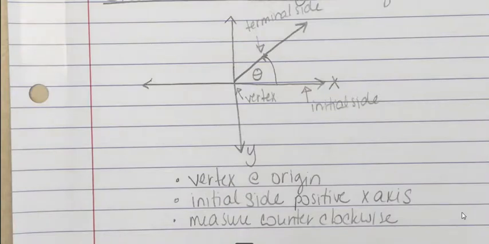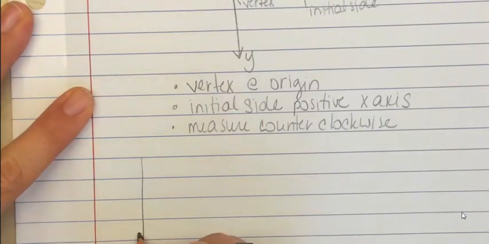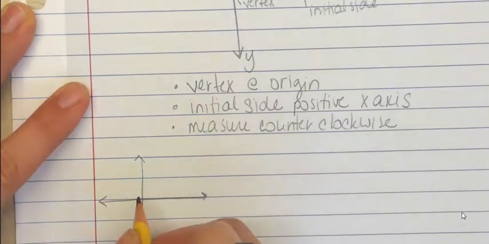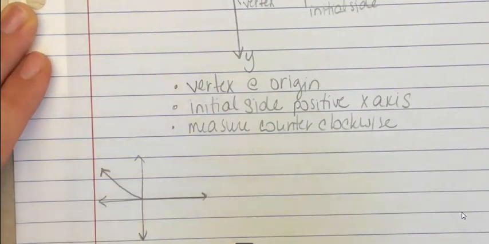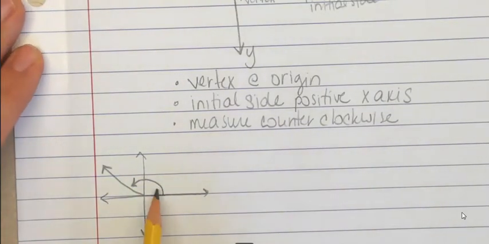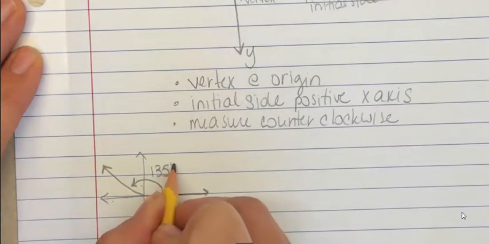Now, we could have angles of varying degrees. Some examples of some angles: let's put an angle over here. This angle is more than 90 degrees and less than 180, so how about I say it's 135 degrees.